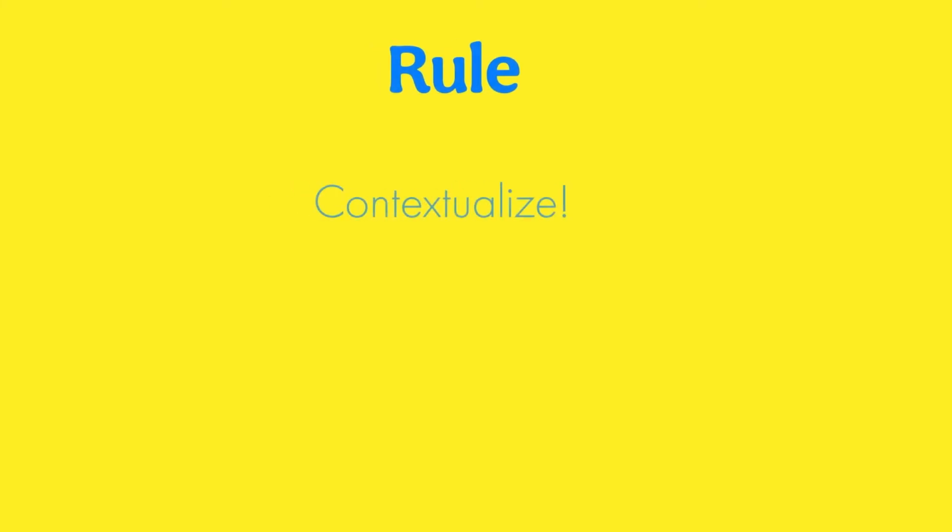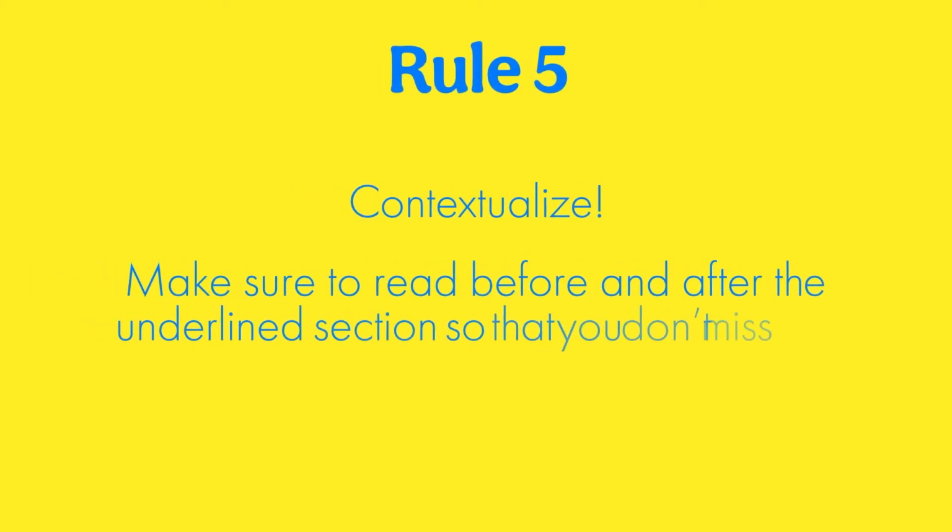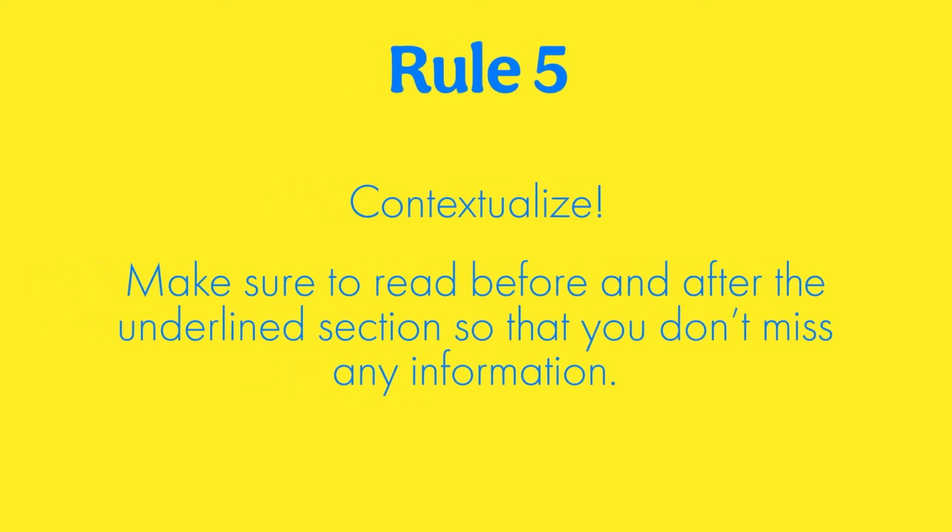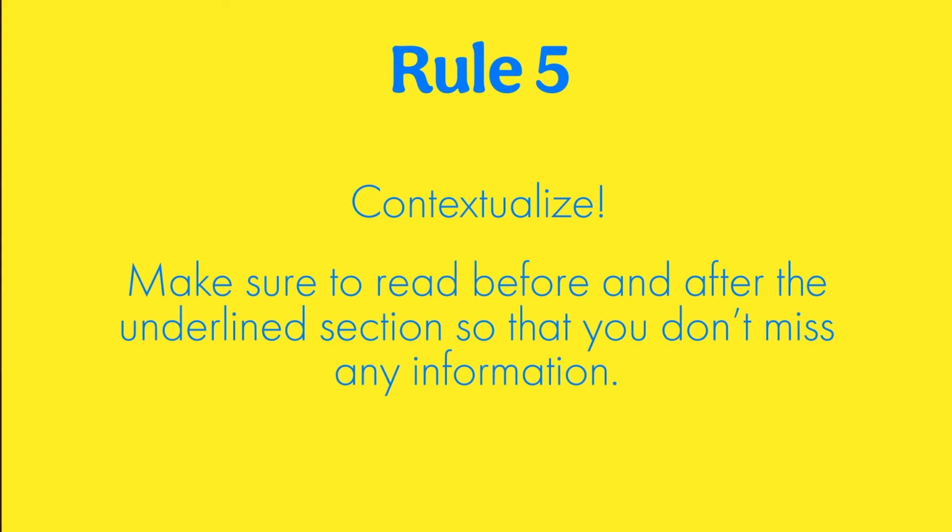Okay, and then number 5. So sometimes, really a lot of the time for these content questions, you're going to need to contextualize. And when I say contextualize, it means you're going to need to read around that section. So if a sentence is underlined, you might need to read the sentence before and the sentence after to give you a good idea of what's going on in the passage so that you can pick the right answer.